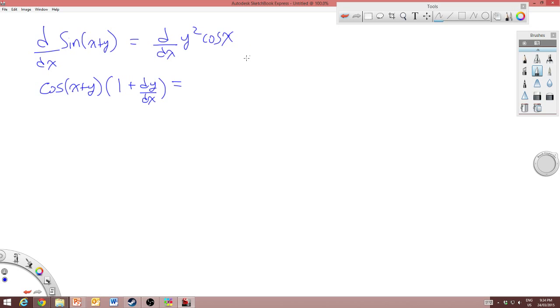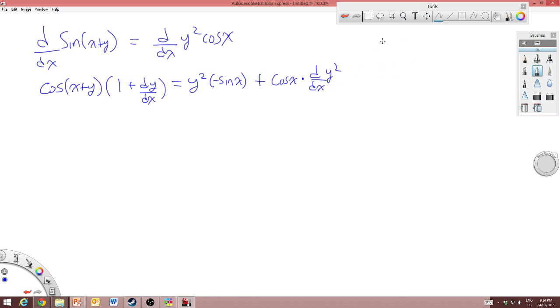And this one we'll have to use the product rule. So we'll go f times g prime. F times cosine has a derivative of negative sine x. When we add to it g times f prime, which is going to be d by dx of y squared.